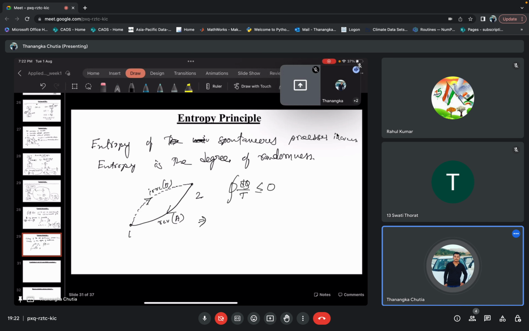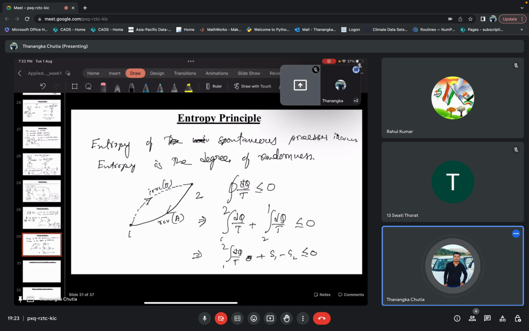Now I can write this as the integral of dQ by T from 1 to 2 plus the integral of dQ by T from 2 to 1, less than or equal to 0. Now this 2 to 1 is a reversible process, so it becomes the integral of dQ by T from 1 to 2 plus S1 minus S2 is less than or equal to 0, correct?